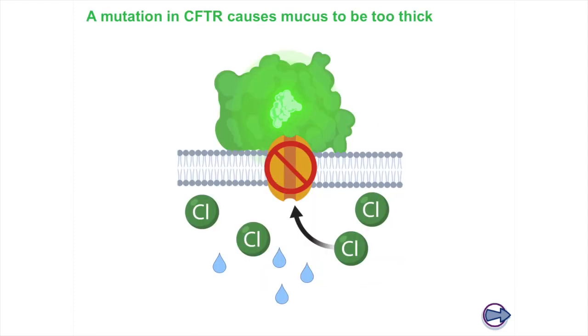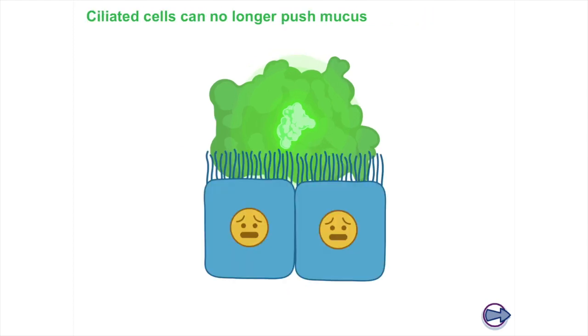In the case of cystic fibrosis, the chloride ions cannot move and water will be retained inside the cells. This results in very thick mucus. The ciliated cells in this case cannot push the mucus, and this results in too much mucus being blocked inside the airways and inside many channels within the body, including the pancreatic channel and sperm ducts and other channels that contain mucus.